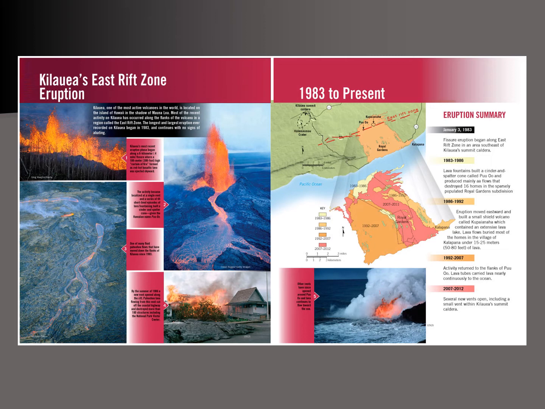I think it's called Kalapana. That was a neighborhood that they built on the Big Island thinking that the lava would never go there. So what did the lava do? Well, of course, it went there and it took over and ruined a good part of that neighborhood.